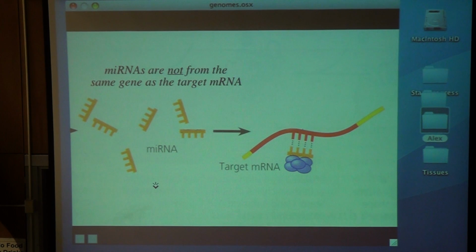So anyway, the interfering RNAs, the miRNAs, don't come from the same gene as the actual mRNA. They come from an entirely separate gene.